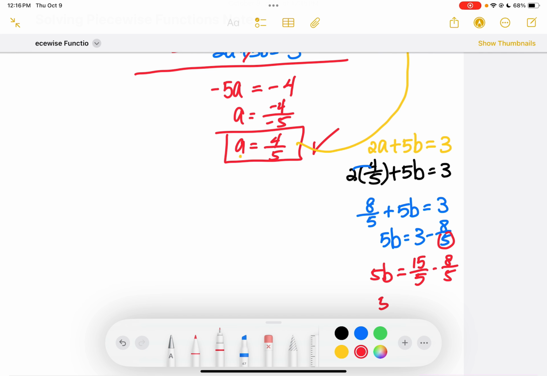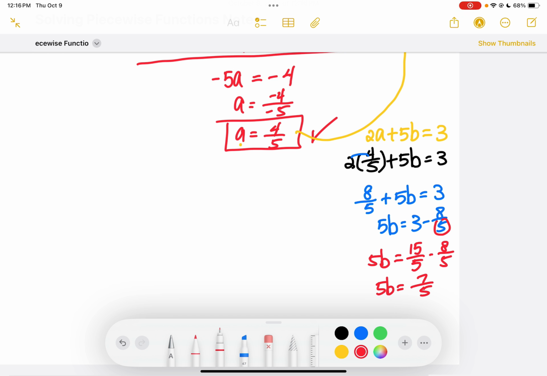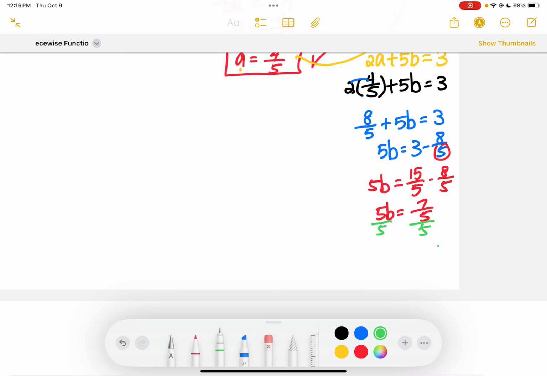So what do I got? 5b is equal to 7 over 5. Almost there, okay? So what shall I do? I don't want 5b, so I need to divide by 5 on both sides. Now here, I must say that the common mistake: don't say that, oh, the final answer is 7.